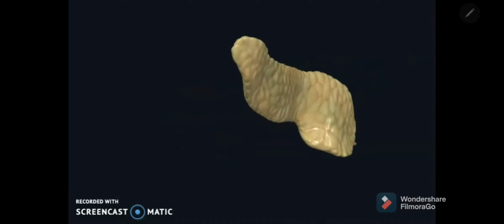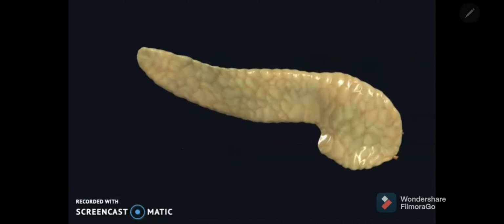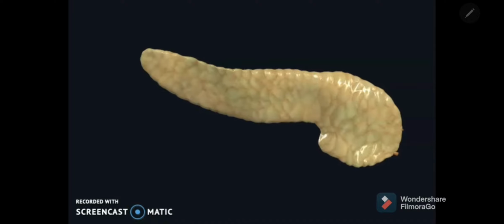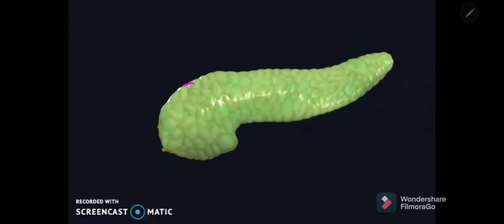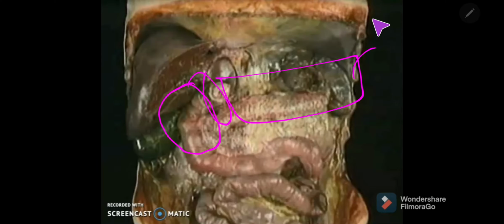You can notice it is an elongated, soft lobulated gland having different parts. So this will be the head, neck, this much is the body and tail. That is what you are seeing.